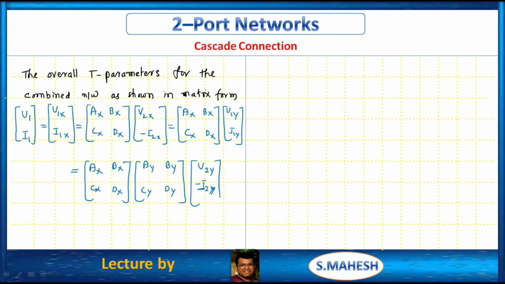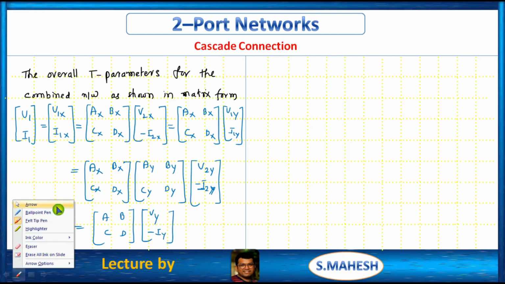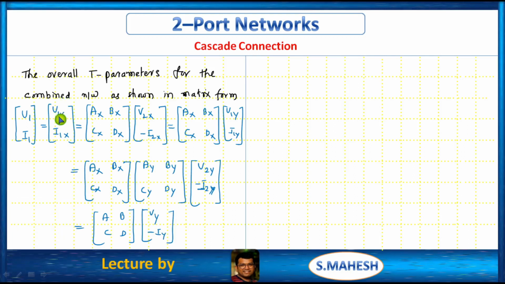Similarly for network Y, we have A, B, C, D into VY minus IY. Clear? See here, V1X is the input, I1X is the input current.